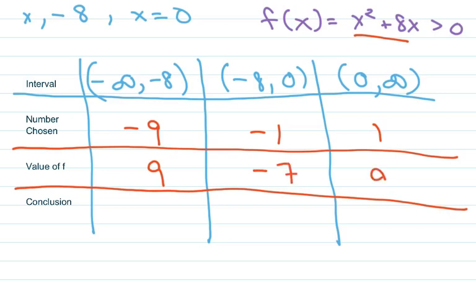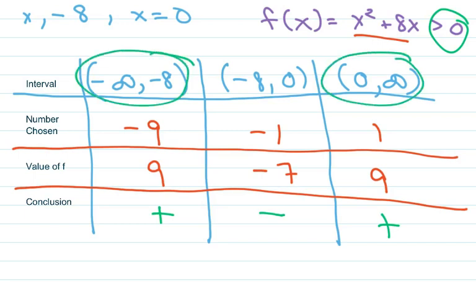And when I plug in 1, I get 9. So this is a positive number, negative number, positive number. We want positive, so I'm picking these two intervals. Therefore, my solution set is all x such that x is less than negative 8, or x is greater than 0.